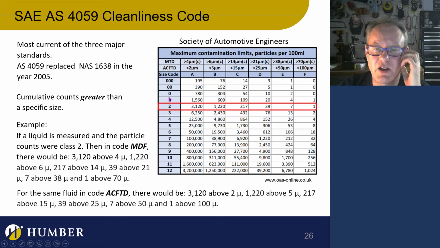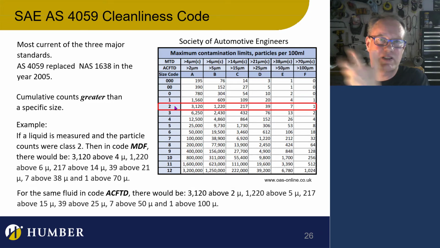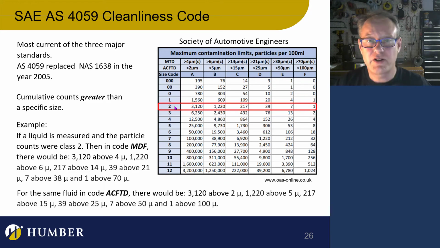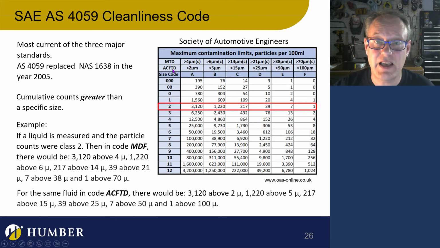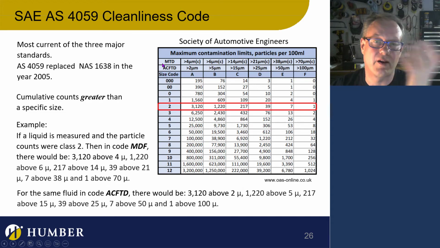So if you're taking a look at this, if the code itself is a 2, and by the way, there are two standards of codes within the AS coding. There's the MTD and the ACFTD. I don't know what these acronyms stand for, but there are two essentially different codes that are part of this.